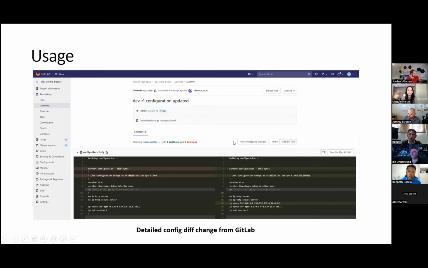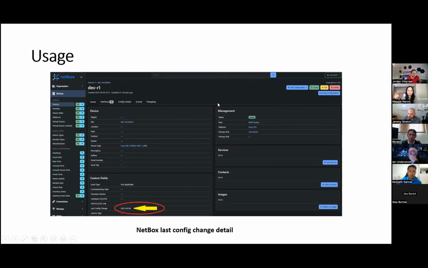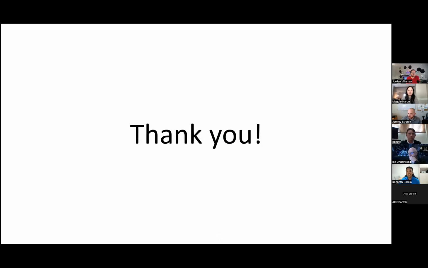Here is the more detailed history of the changes, and you could check all the commits that have been done to a specific device. Also, the last config change will be updated after the script execution. And that's it. It's quite simple.